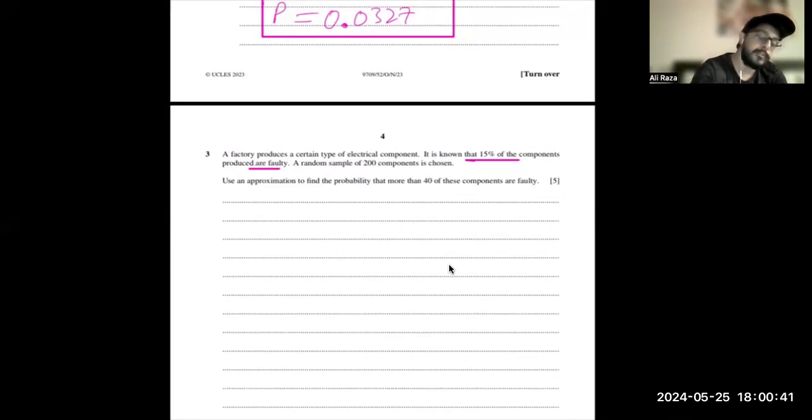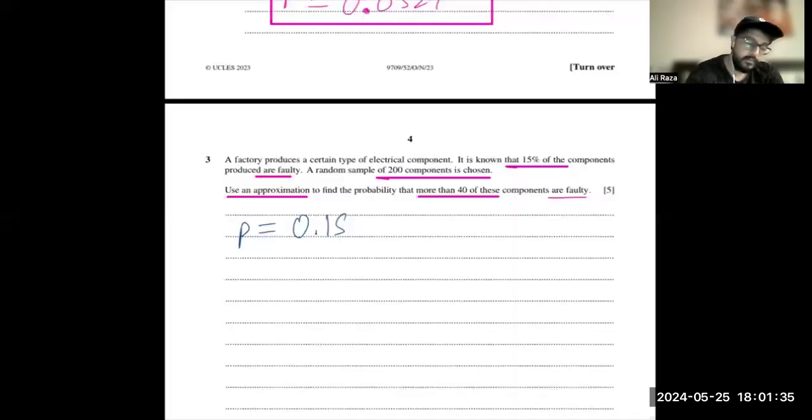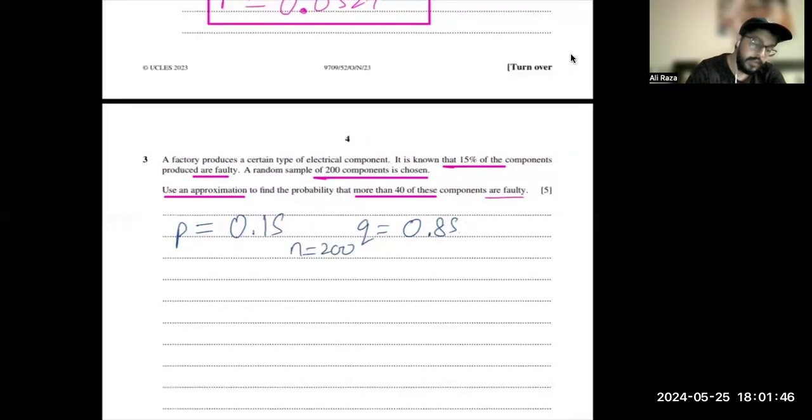So since we're looking for faulty, our probability of success would be 0.15. The probability of failure over here would be 0.85. N has the value 200. And we're looking for the probability for x greater than 40.